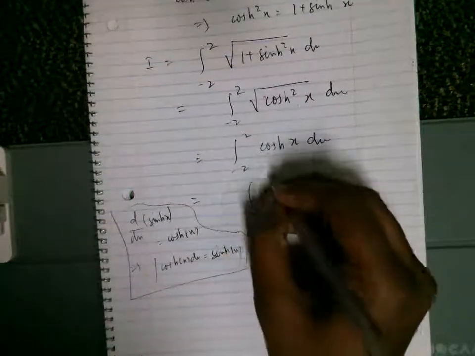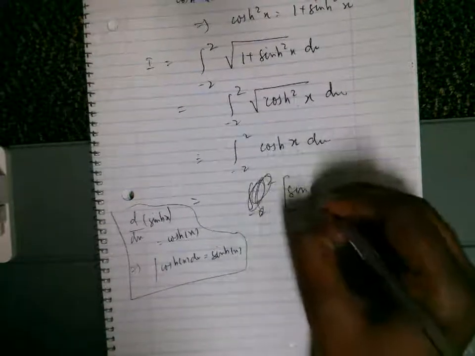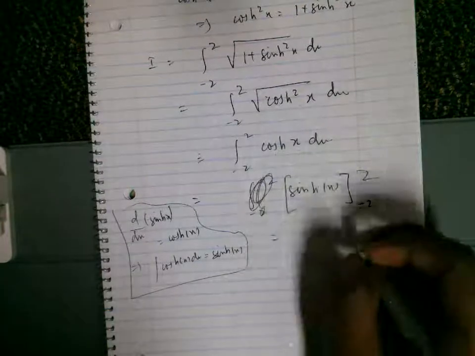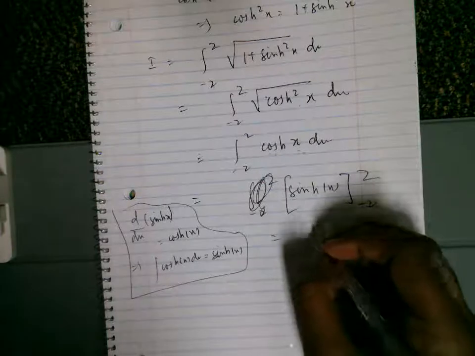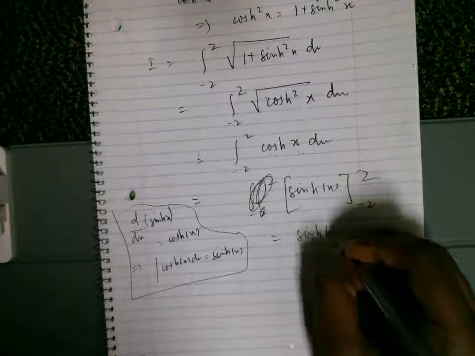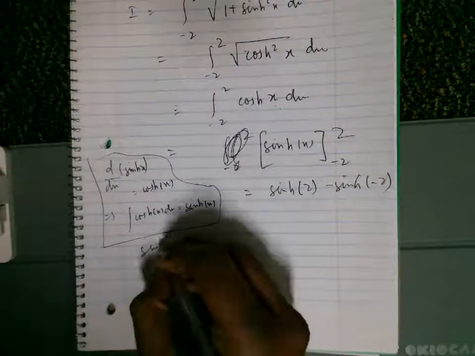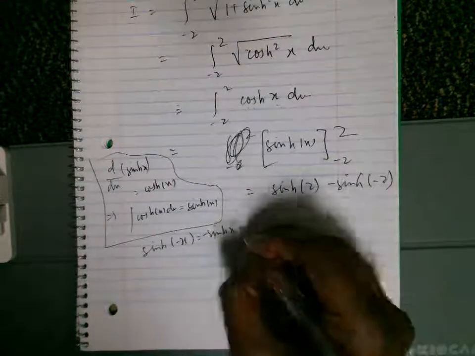So that means the integration of cosh of x dx becomes sinh of x. So this is sinh of x from minus 2 to 2, and I want to substitute minus 2 and 2. So this is sinh of 2 minus sinh of minus 2. Now you remember that in the starting I said sinh of minus x is equal to minus sinh of x.